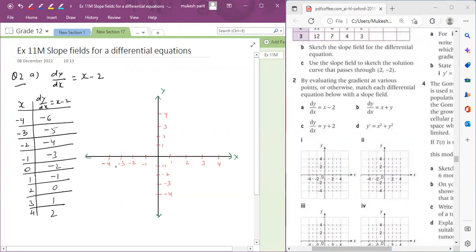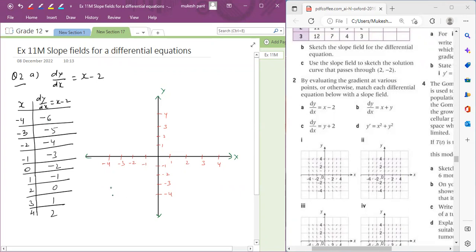So on all the points on this vertical line where x is -4, the gradient will be -6.